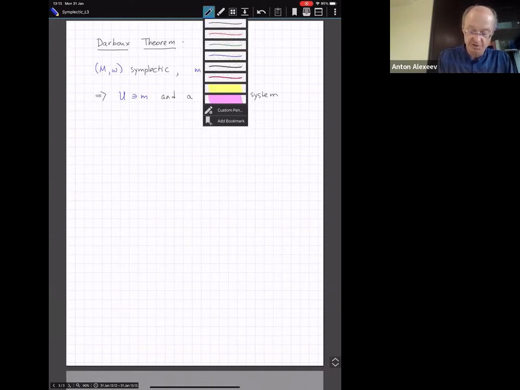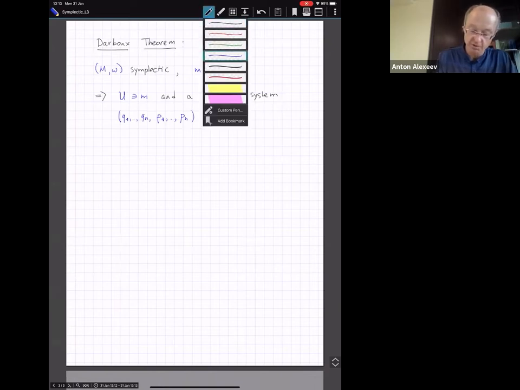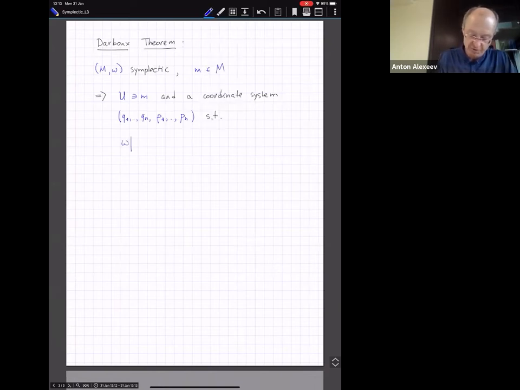We're going to call the coordinates q1, ..., qn, p1, ..., pn. Usually you center your coordinate chart at m, so the coordinates of m are all 0, such that omega restricted to U is given by the standard formula.